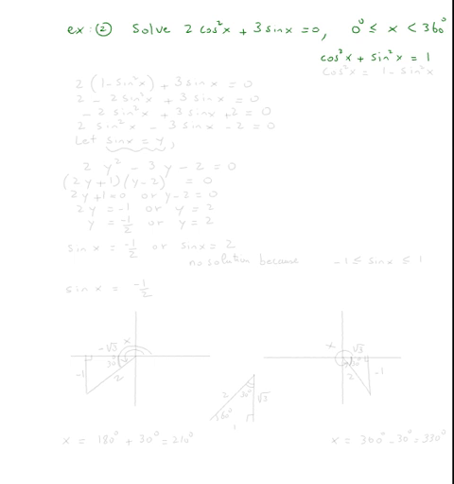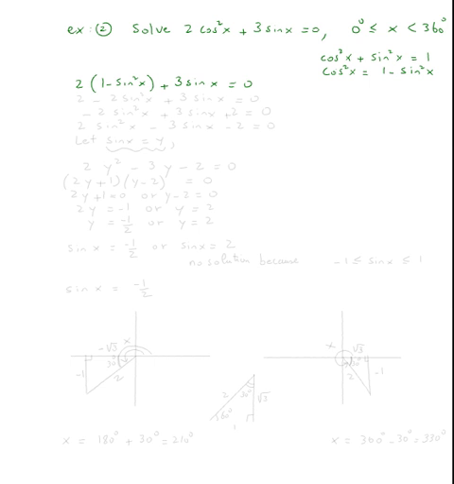So cosine square of x is equal 1 minus sine square of x. If we substitute 1 minus sine square into the equation, we get 2 times 1 minus sine square of x plus 3 sine of x is equal 0.